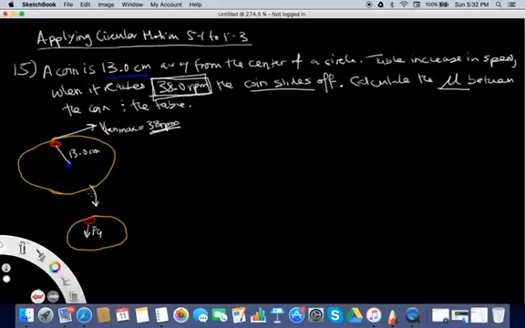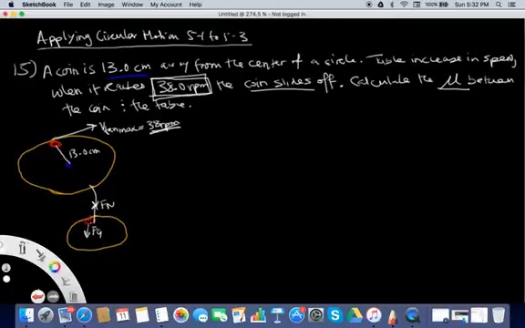So when the coin is resting on this turntable, it is actually applying a force on the turntable downwards, and the turntable, conversely, is applying a normal force on this coin.